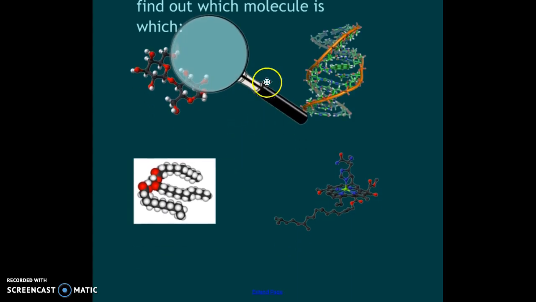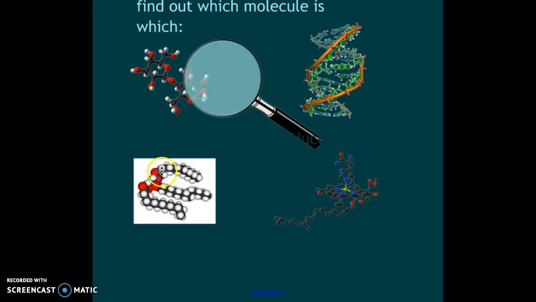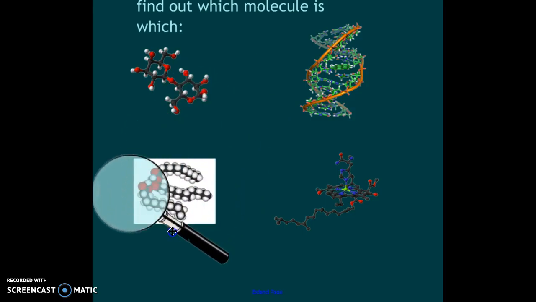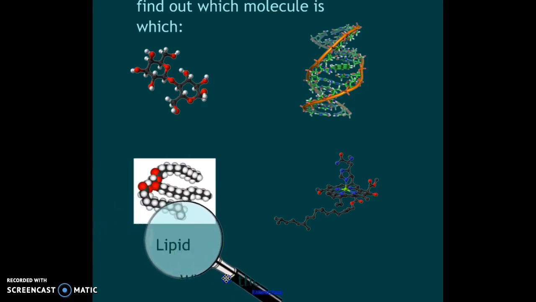We come down here and we see that this one has these strings of carbon molecules with hydrogen on the outside. I know you can't really tell that they're carbon because they're just colored black, but trust me, they're carbon. And they've got these oxygen molecules up here colored red, and these hydrogens colored white. So let's find out what this is. This is a lipid.